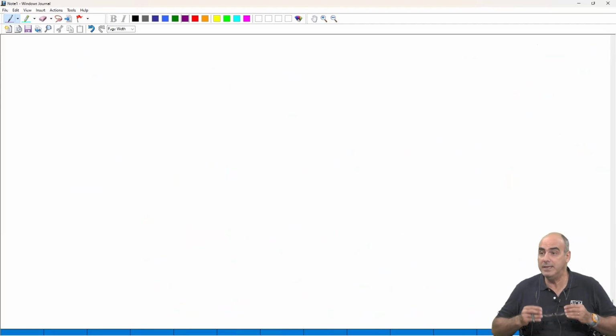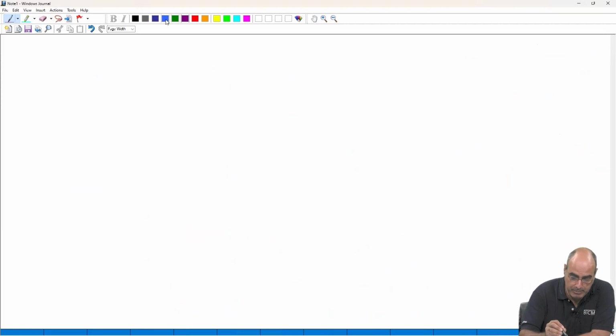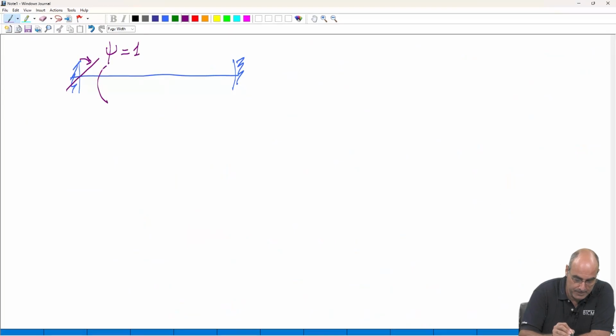And you end up with very simple expressions. For example, if you have a beam like this, and this is a rotation c equal to 1, and obviously we must have some axial force allowing it to go through.